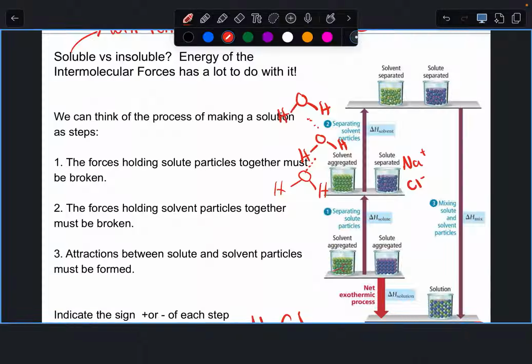So it's not that we're completely breaking every single interaction. Sometimes we'll describe this as forming holes for the solute particles to slip into. Just enough so that there's room to take those solute particles and surround them with water.